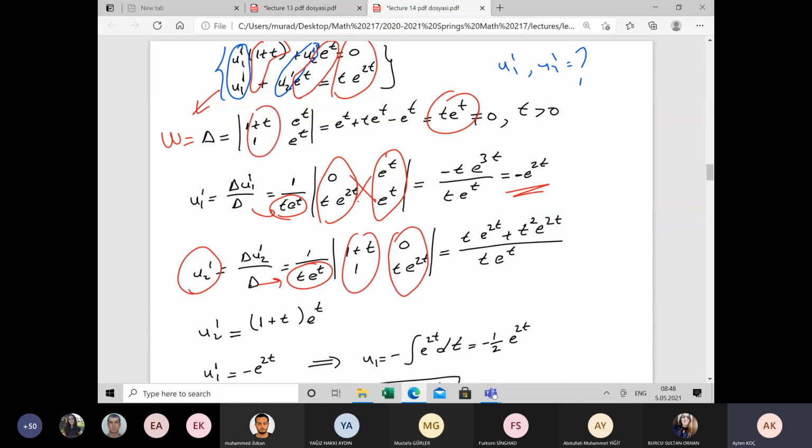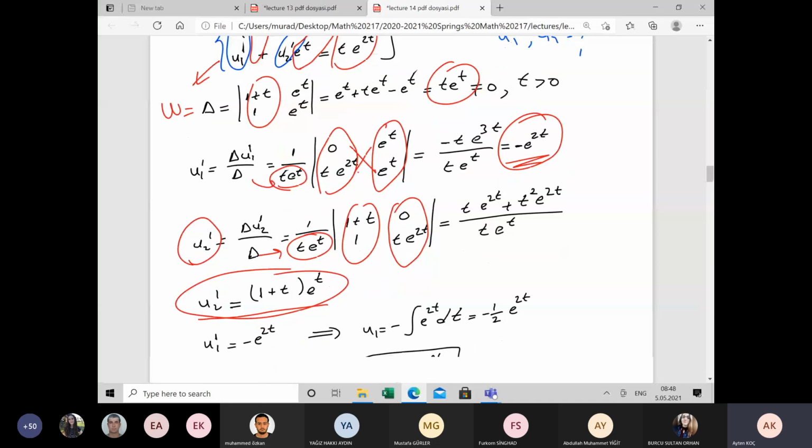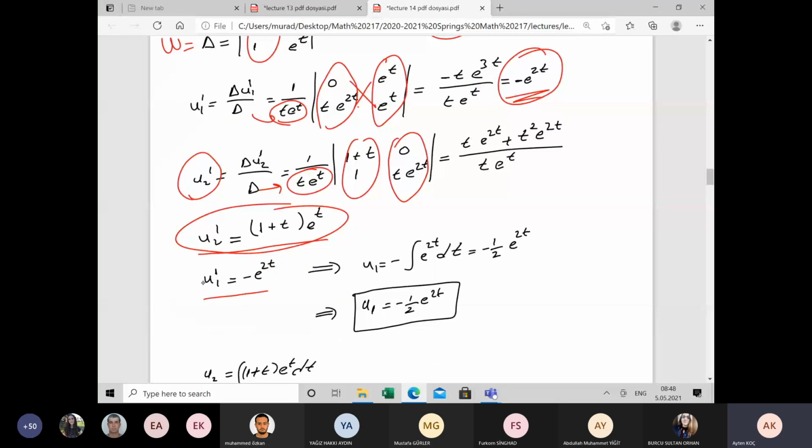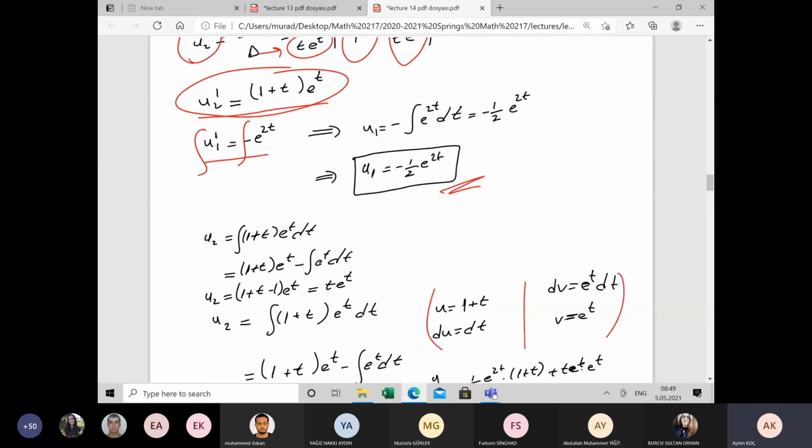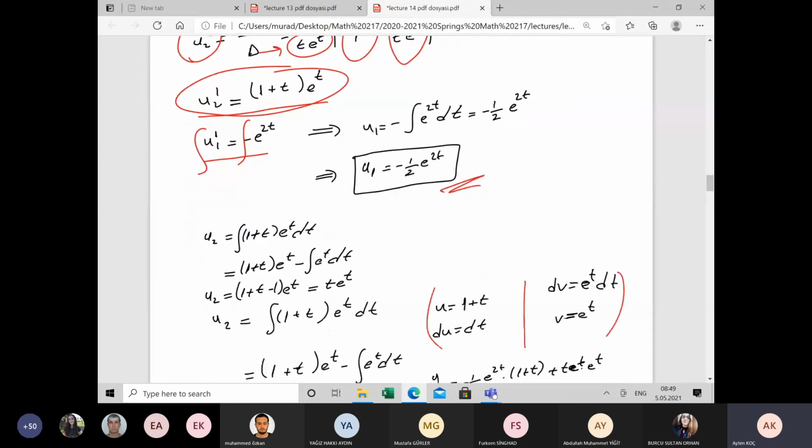Then we obtain u2 prime. Take u1 prime and integrate both sides, so we obtain u1. Similarly for u2, integrate both sides of u2 prime.